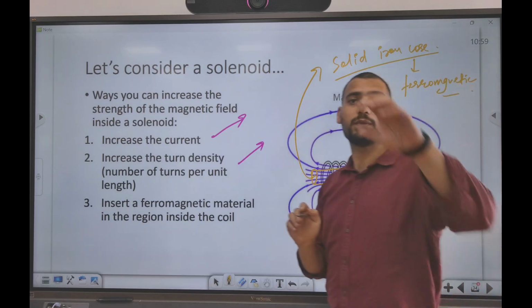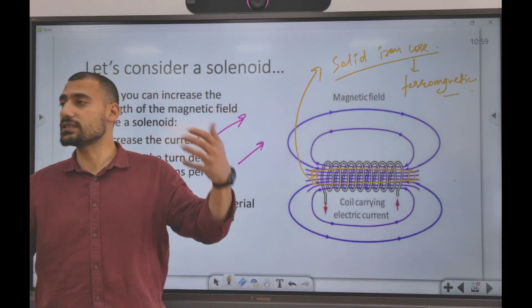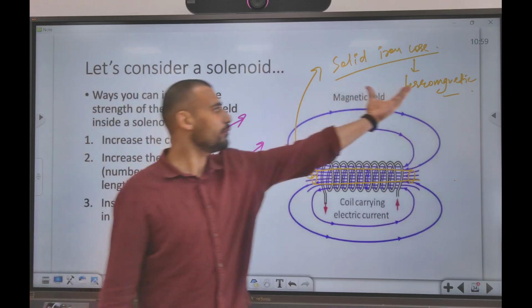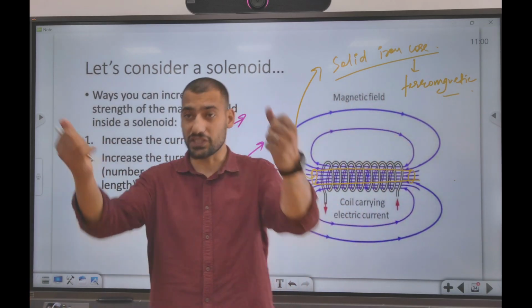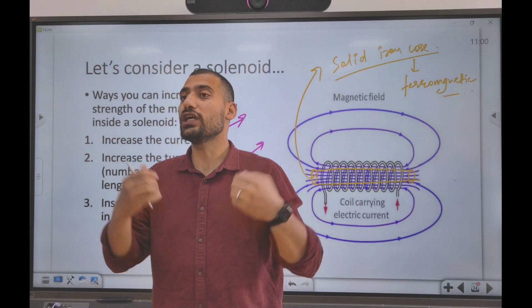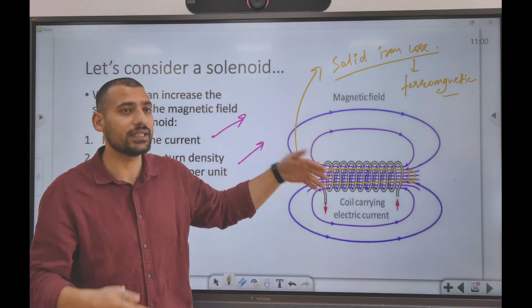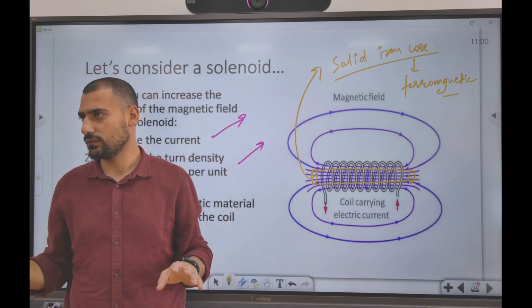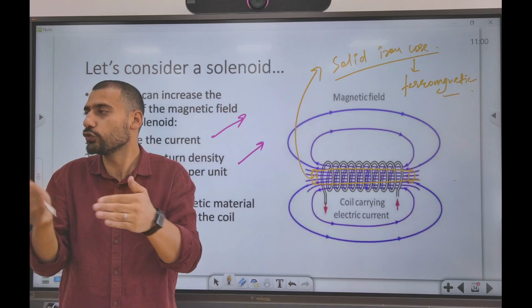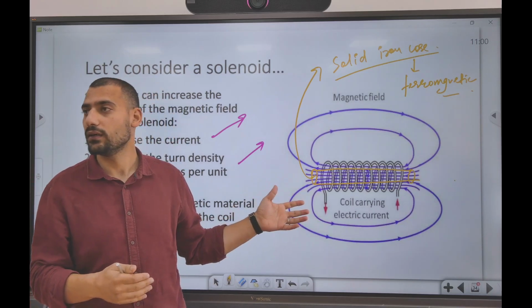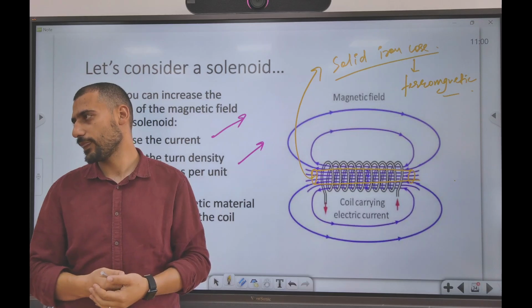Now this material increases its strength. Why? Because ferromagnetic substances are those substances which attract the magnetic field lines. So they do not let the magnetic field lines go to waste. They keep it within, due to which the strength of this solenoid increases. Is that fine?